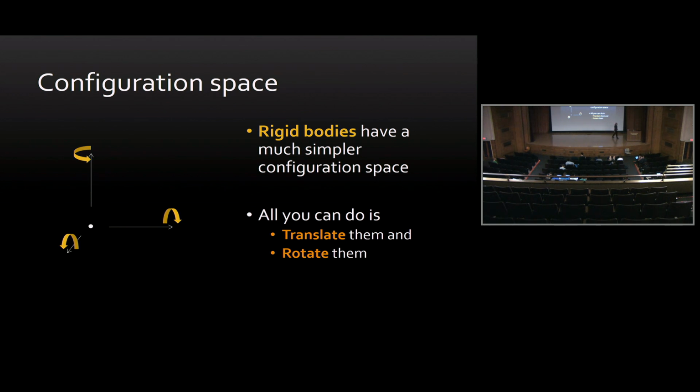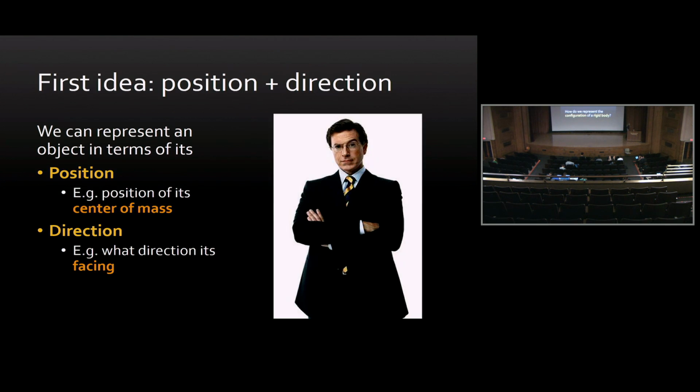So how do we represent the configuration space of a rigid body? Well, your first thought might be, oh, you represent the configuration of a rigid body by where is its center of mass and which way is it facing, right? Now, what's the problem with that? That doesn't actually work.